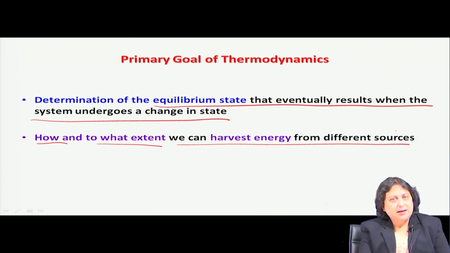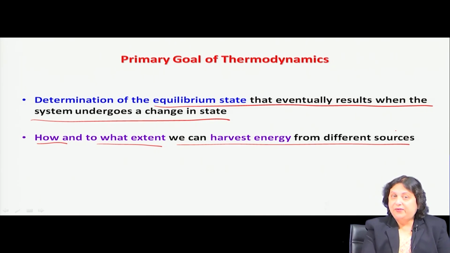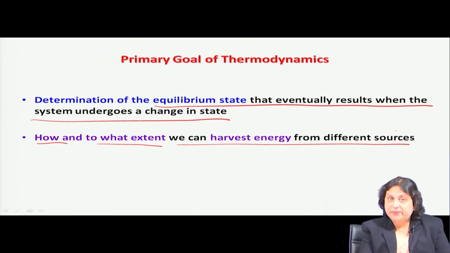But does it mean that we are not flying these days? Does it mean that we are not lifting very heavy loads from one place and taking it to some other place? Yes, we do. So how do we do it? We do it by recruiting some other system and use its capability to do work, to perform tasks that we cannot do ourselves.